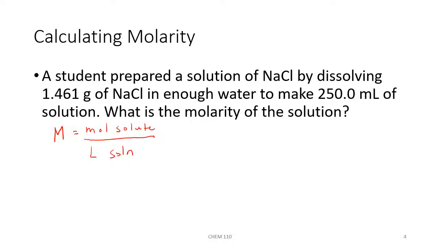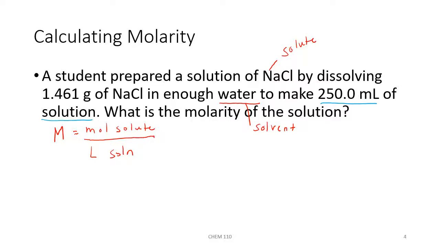So it's important that we're able to identify what our solute and solvent are in this case. So we're dissolving sodium chloride, so NaCl must be our solute, and we're dissolving it in water, so water must be the solvent. When we combine the two, we make 250 milliliters total solution.